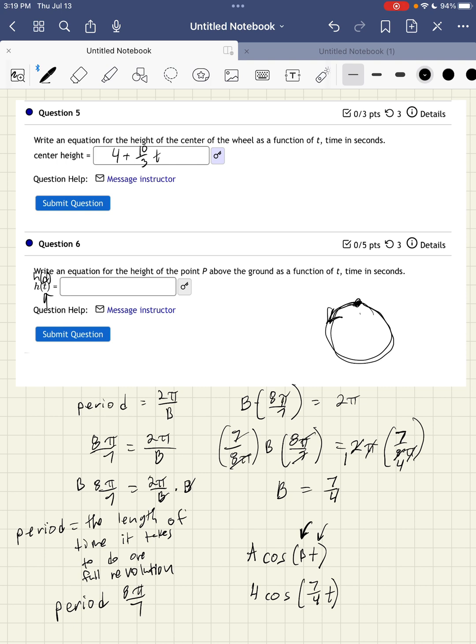So for cosine, that is just the movement of the point relative to the center moving around the circle.